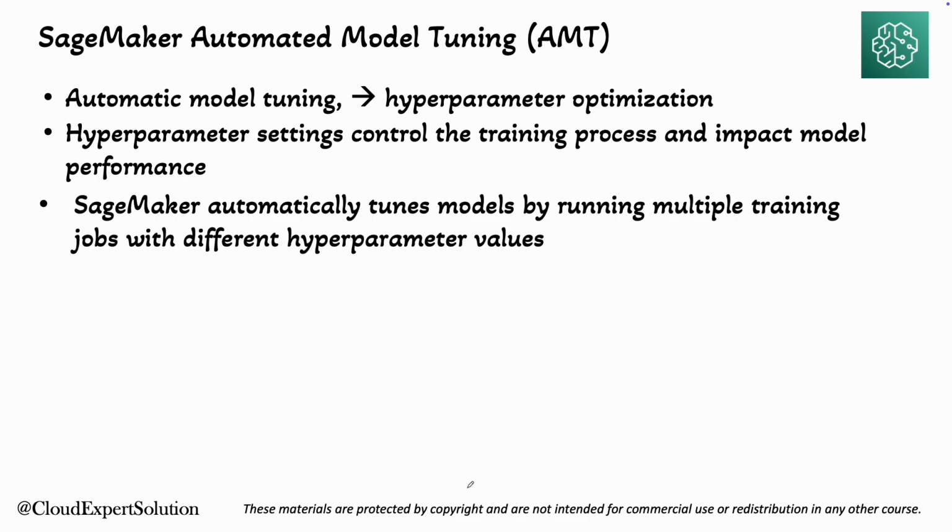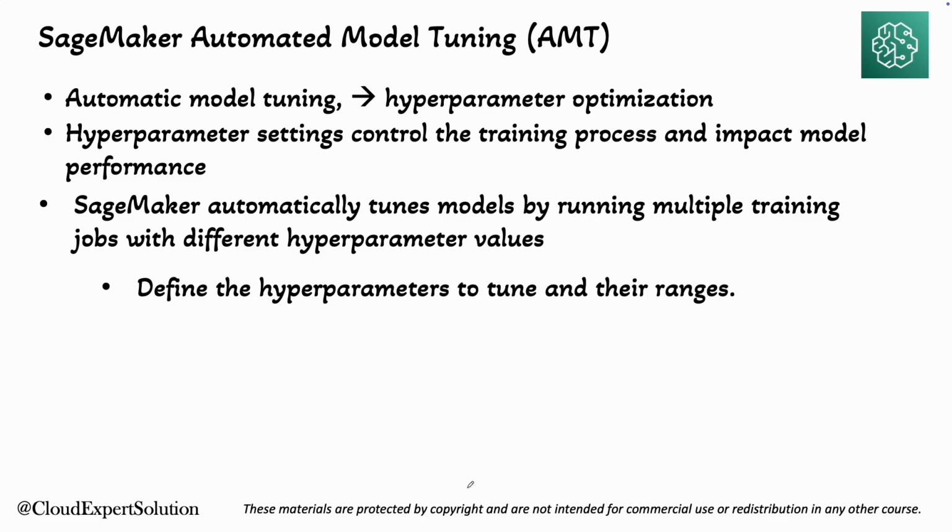Amazon SageMaker performs automatic model tuning by running multiple training jobs with different hyperparameter values and selecting the best performing models for you, and the entire process is automated. To perform automated model tuning in SageMaker, first you need to define the hyperparameters to tune and their ranges.